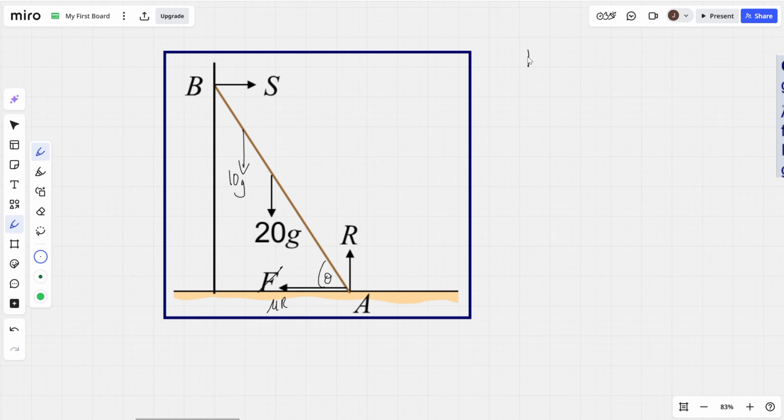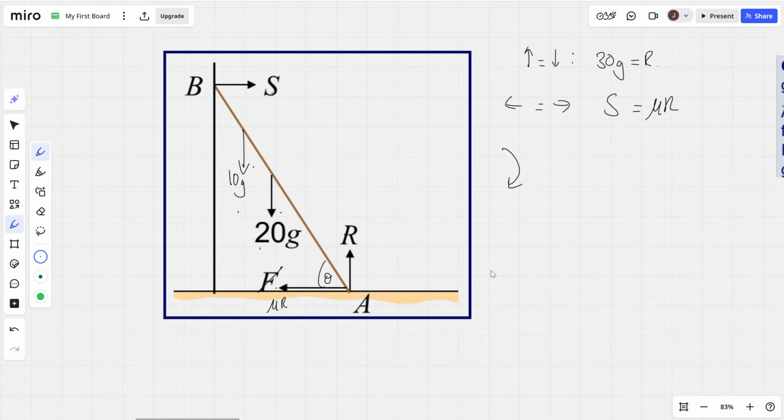So if we do our up equals down equilibrium, we've got 30G equals R. If we do the left and the right, we've got S, and that's going to be equal to friction, mu R. Perfect.